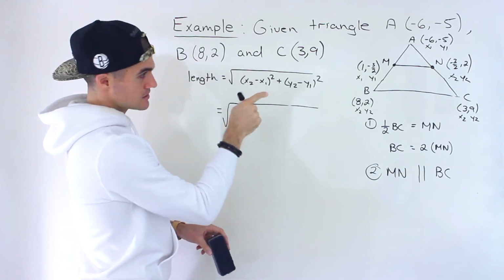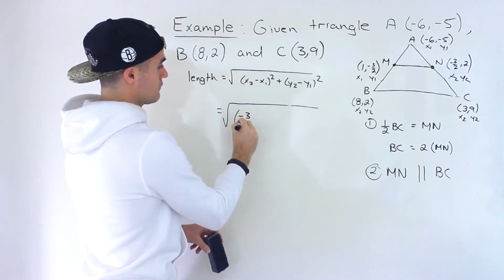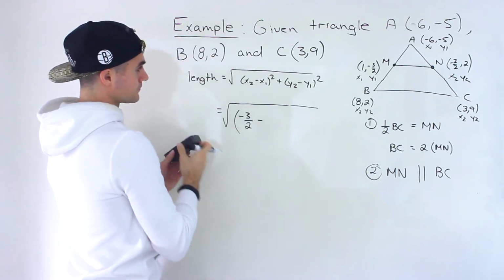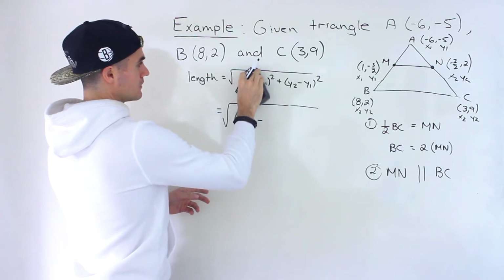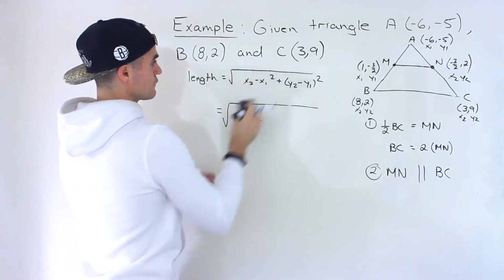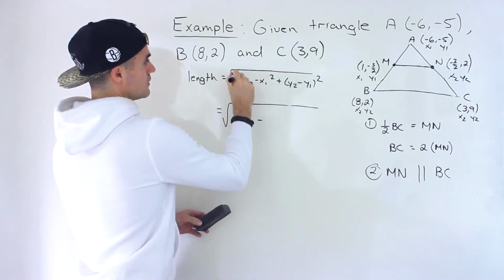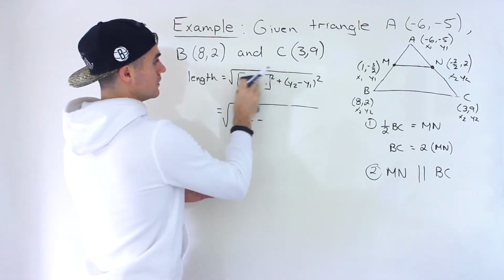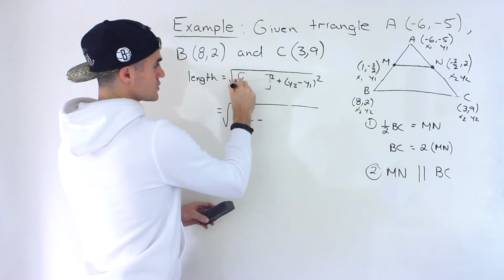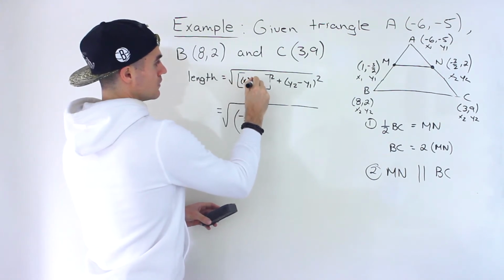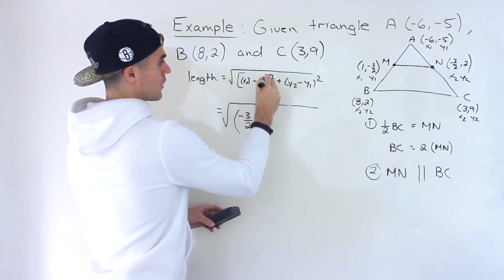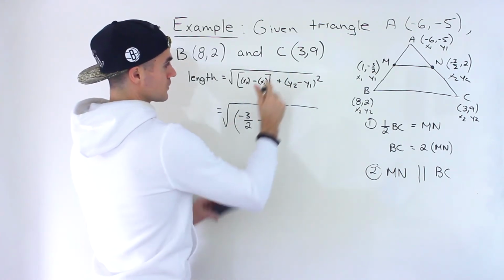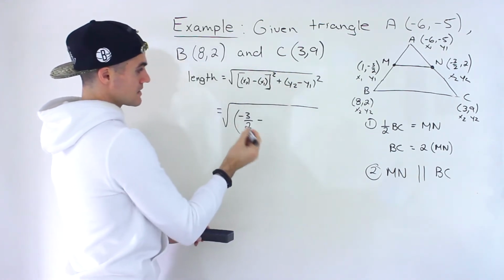So x2, negative 3 over 2, minus, and by the way, if you're dealing with negatives and stuff, as we did with the midpoint formula, you can put the x2 and the x1 in brackets like that, just so you're not getting confused with all the different brackets that are going to come up here.